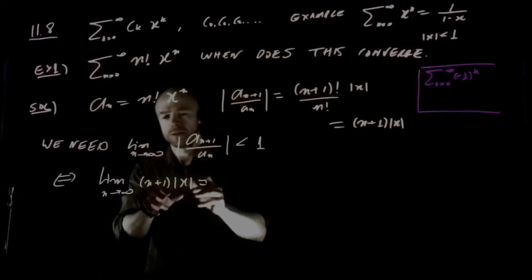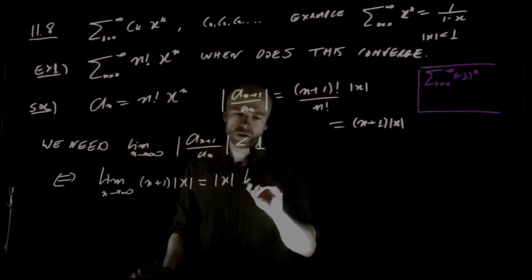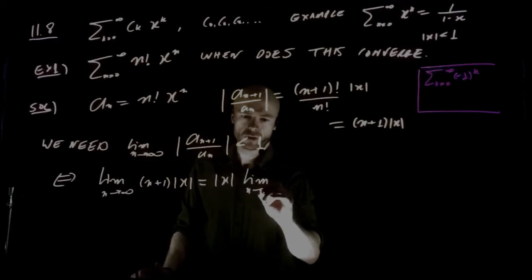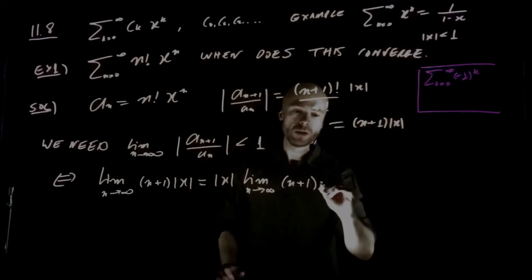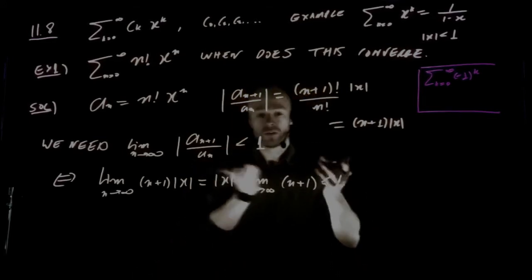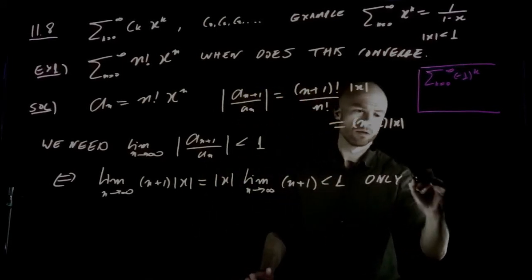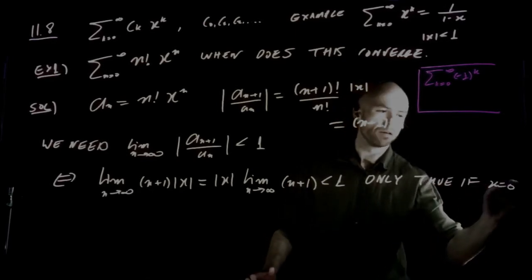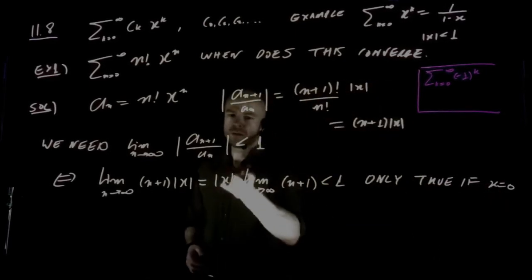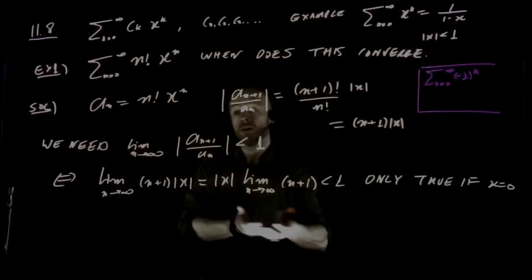And since x is chosen, it's just some constant. We can take it out of the limit. So the limit as n goes to infinity of n+1 needs to be less than 1. But this limit is just infinity, which is only okay if x equals 0, right? If x was any other non-zero number, then this limit would have to be infinity. It couldn't be less than 1.